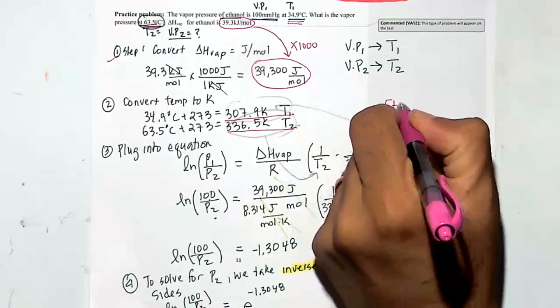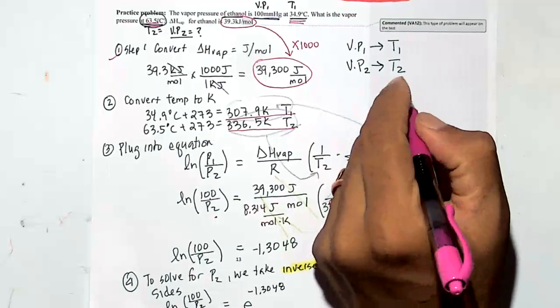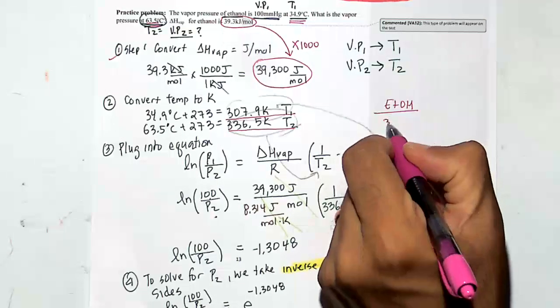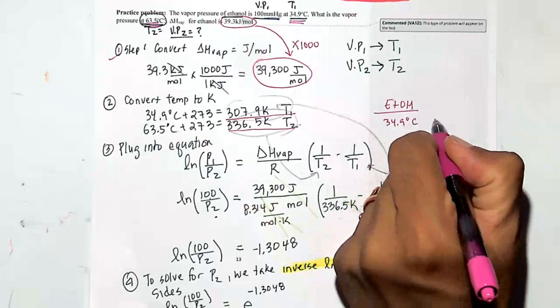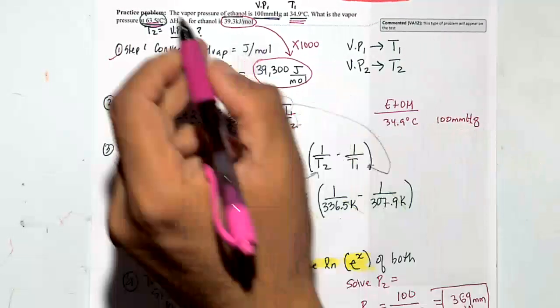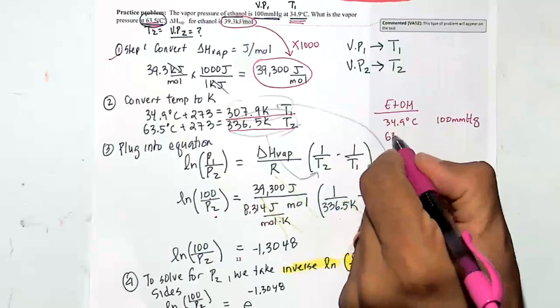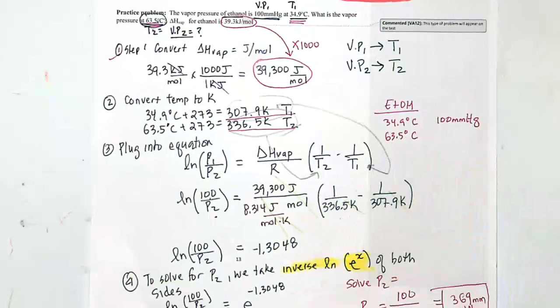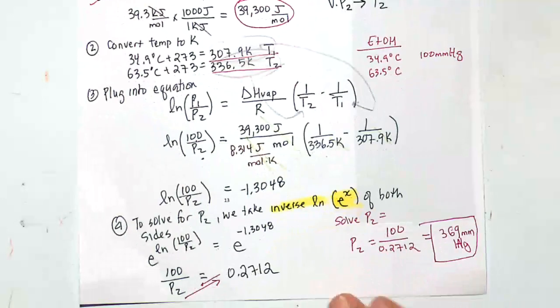So ethanol, which is an alcohol functional group, at 34.9 degrees C, has a vapor pressure of 100 millimeters of mercury. We raise that temperature to 63.5. If you raise the temperature, what also goes up? The vapor pressure.